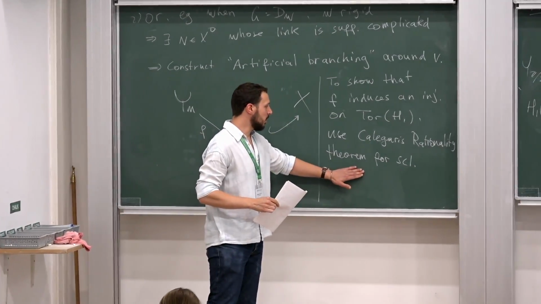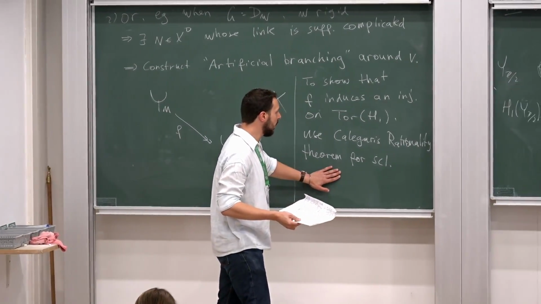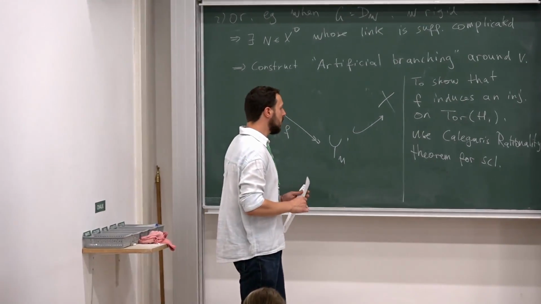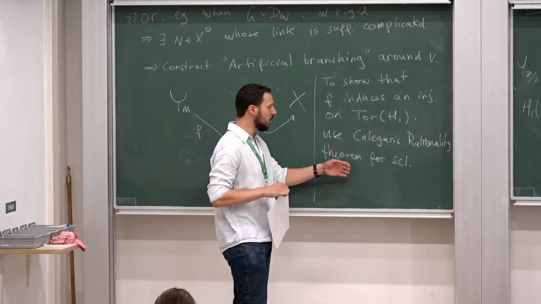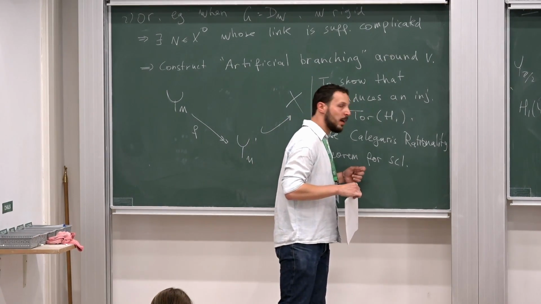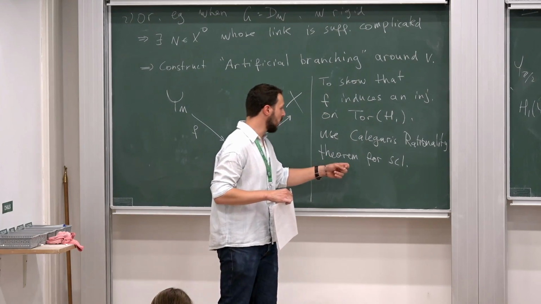So this theorem essentially says that stable commutator length in a free group is always rational, but it also has an equivalent formulation in terms of surfaces bounding certain elements that land in the commutator group of a free group.